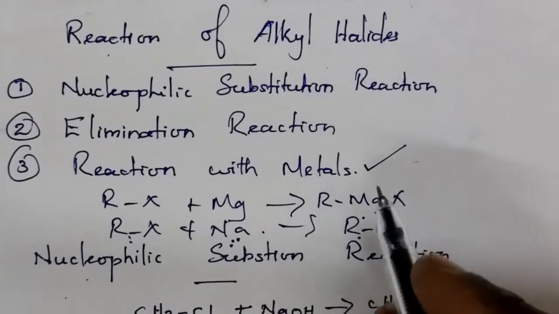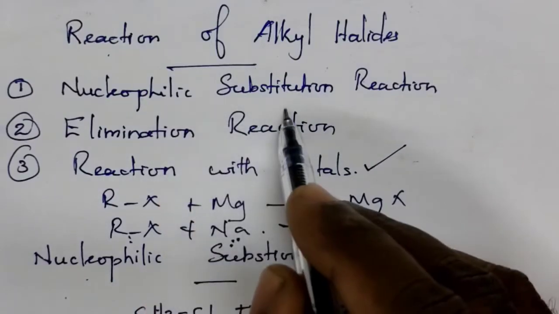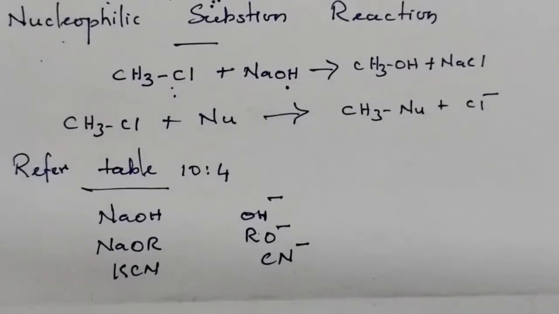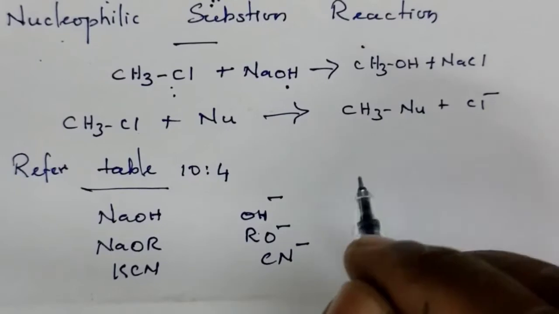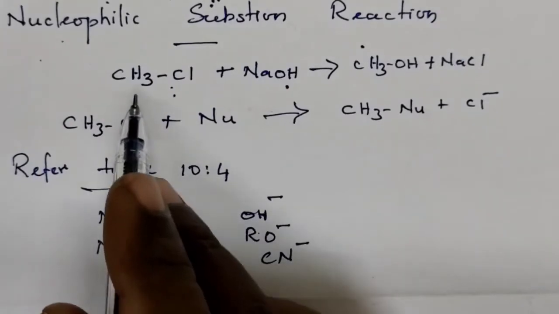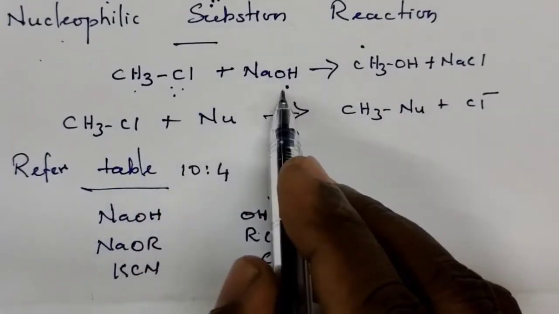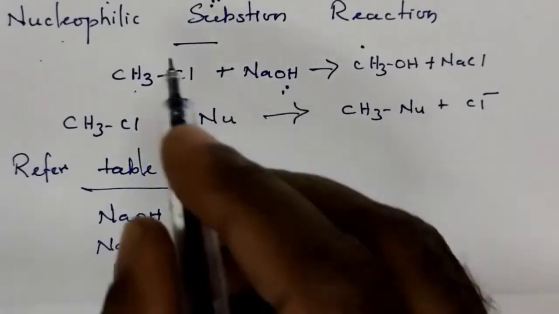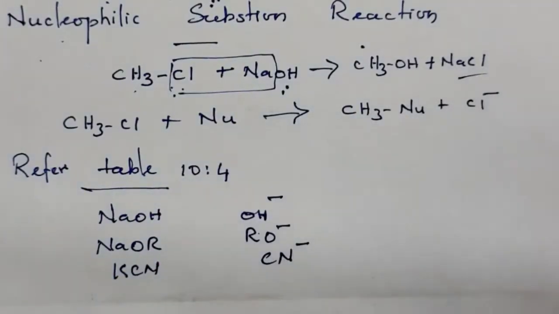Today we are going to study the next reaction, that is nucleophilic substitution reaction. A substitution reaction initiated by a nucleophile is known as nucleophilic substitution reaction. For example, when alkyl halide reacts with sodium hydroxide, the chlorine and sodium combine to form sodium chloride and come out.